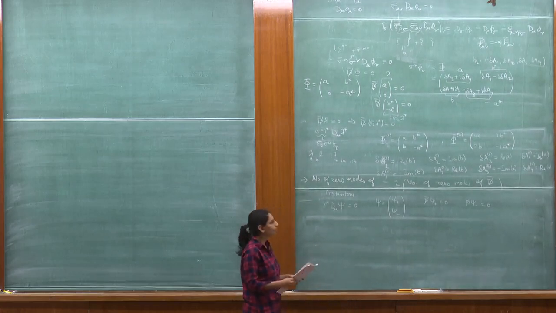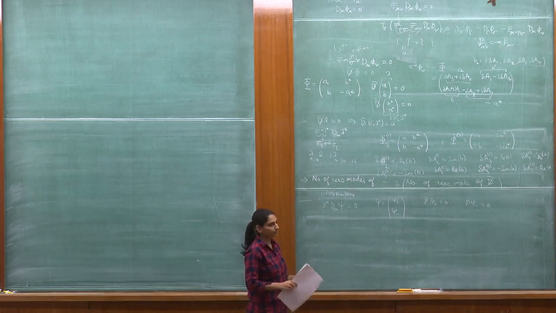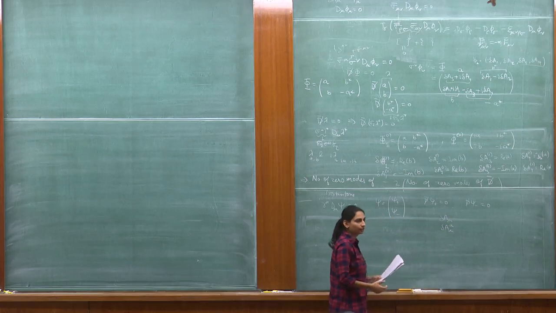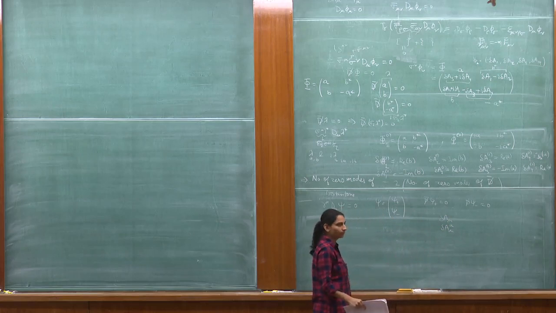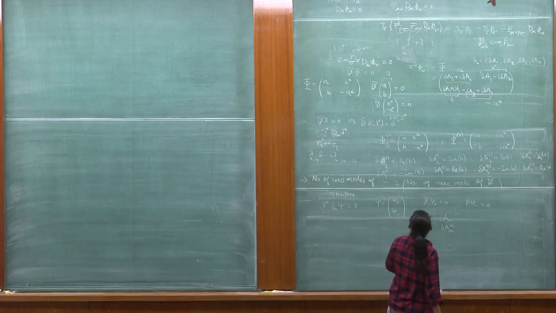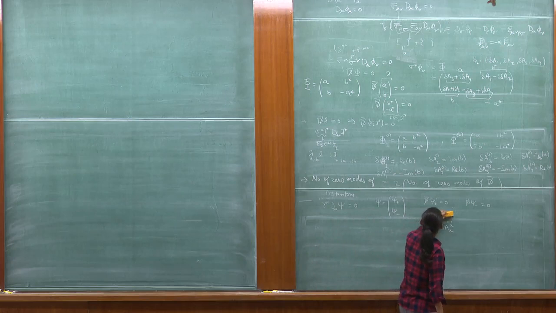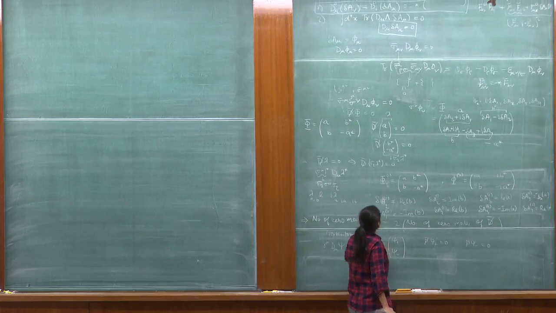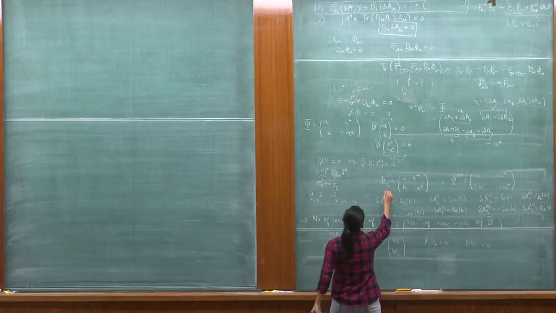Maybe I didn't understand. What I have written is delta A mu, and he was asking whether it's delta A mu a. The reason we had a matrix at all is that phi is a matrix because it is an adjoint field, so the matrix structure encodes the color.